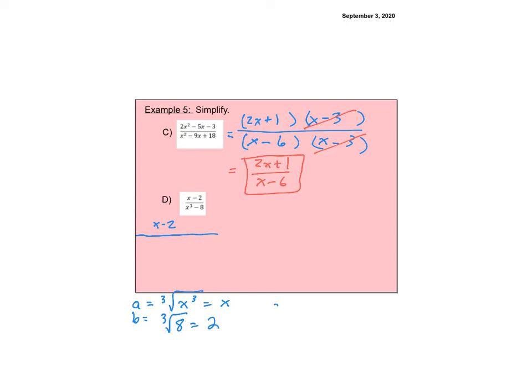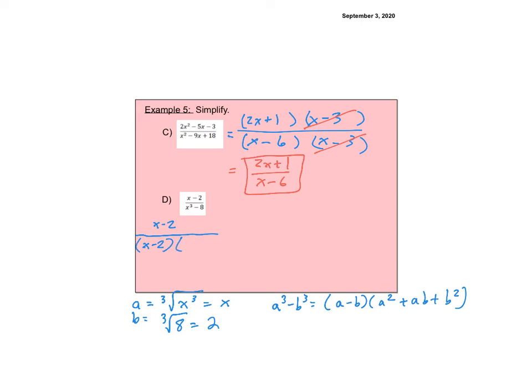So the way this goes, if you've got a to the third minus b to the third, when you factor this, it goes a minus b times a squared plus ab plus b squared. So our a is x and our b is 2, so let's fill that in. It has to be a minus b, which is x minus 2.